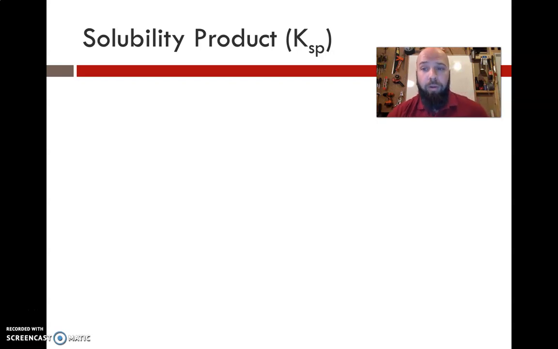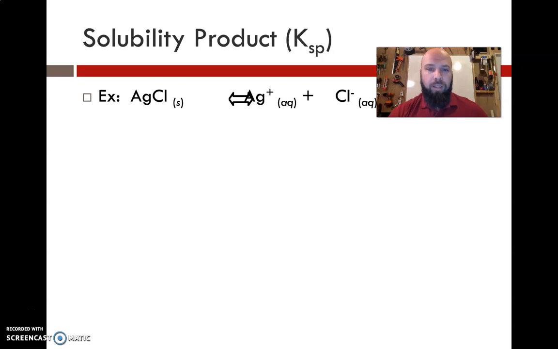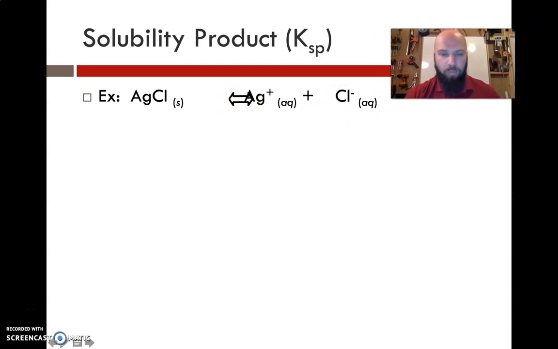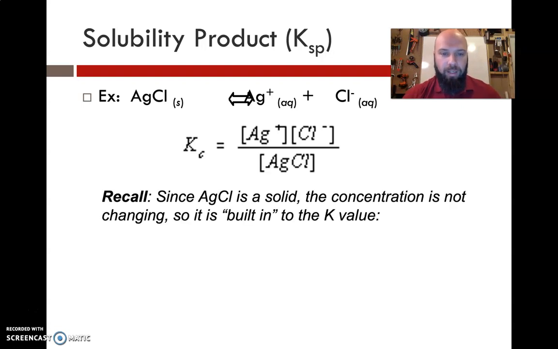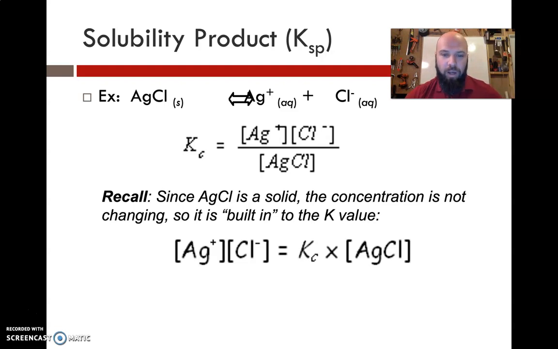So it's an equilibrium constant for equilibrium solubility. In this example, we have AgCl dissolving into silver and chlorine ions. The constant for an equilibrium would be the products over the reactants, but in our case, AgCl is a solid, so it doesn't have a concentration.